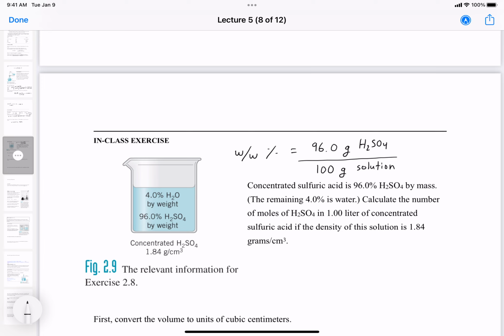Okay, where 4.00 grams is water, and so when we add the two together, H2SO4, we get 100 grams solution.